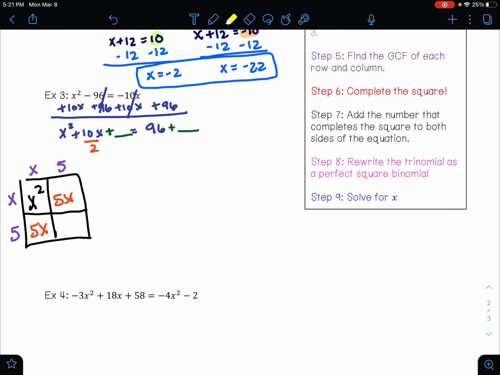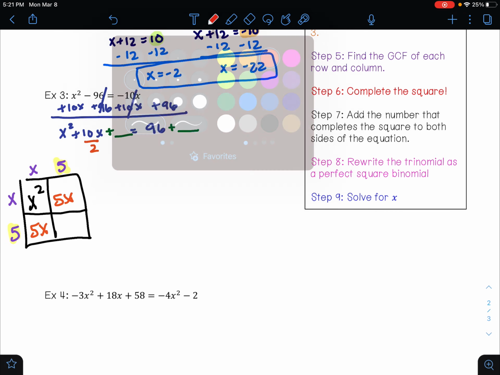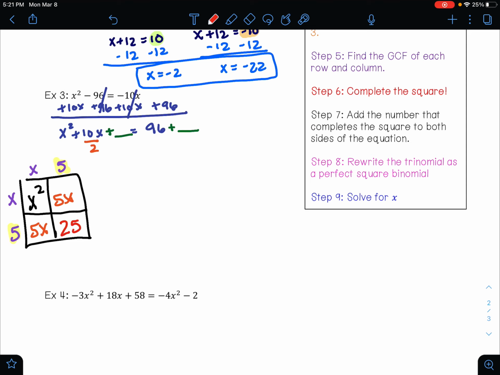Now I can complete the square because I know that 5 times 5 is 25. So 25 is that missing number that completes the square. That is the number that I am going to add to both sides of my equation.